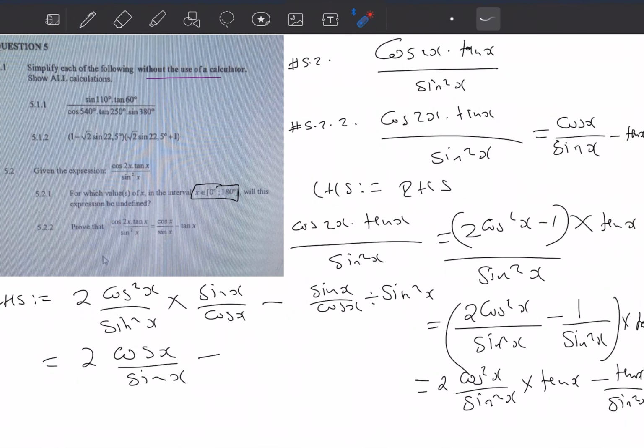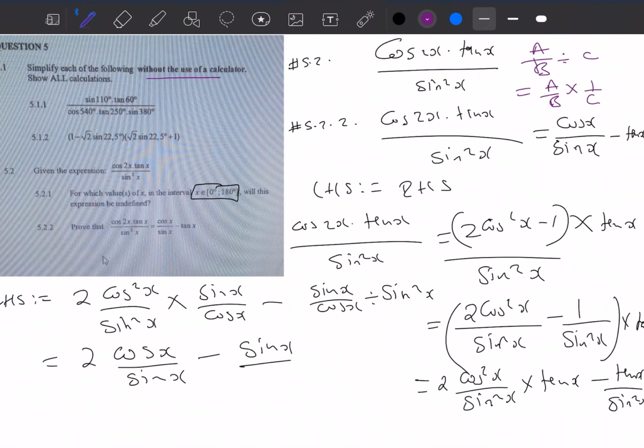now again, sine x with this division. Let's deal with that. How do we deal with that? Here's a note: a over b divided by c can be written as a over b times 1 over c, a reciprocal.